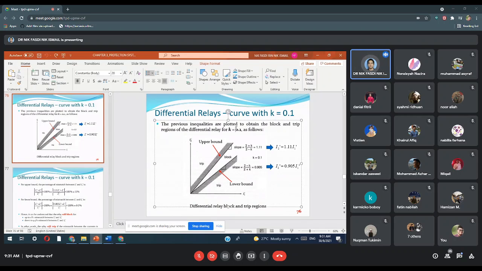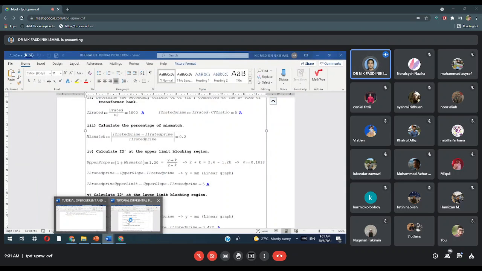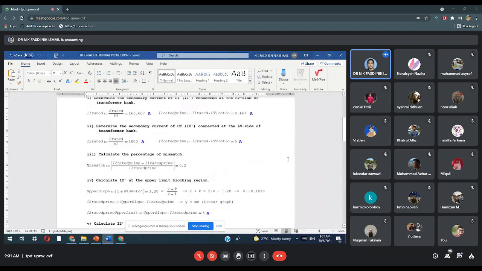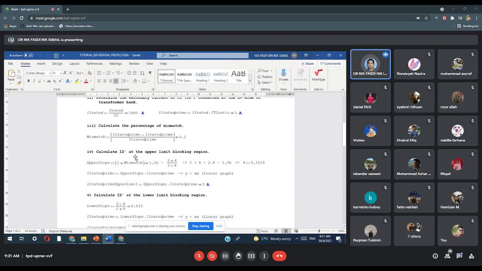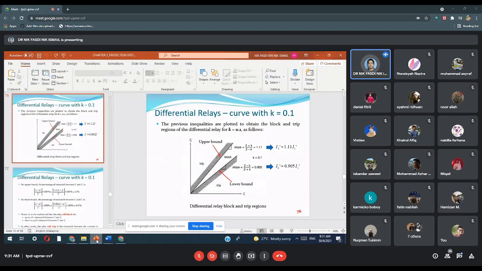This question gives k as 0.1, but in other questions k is not given and you need to calculate the value of k. So, do you understand up to here? Okay, calculate I2 prime at the upper limit blocking region. So where? The upper limit is up here. This is the lower limit and this is the upper limit.